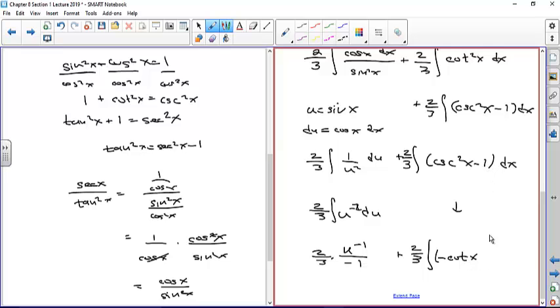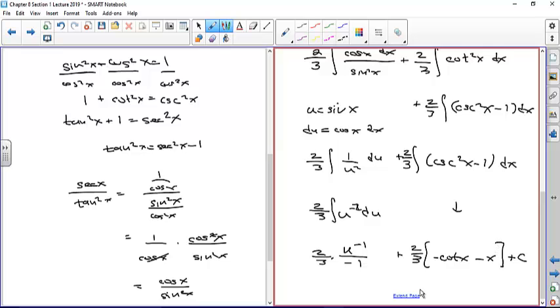The integral of negative 1 is negative x, and I should have taken the integral signs off of here because I'm integrating. So the integral of the cosecant squared is negative the cotangent of x, and the integral of negative 1 is negative x.